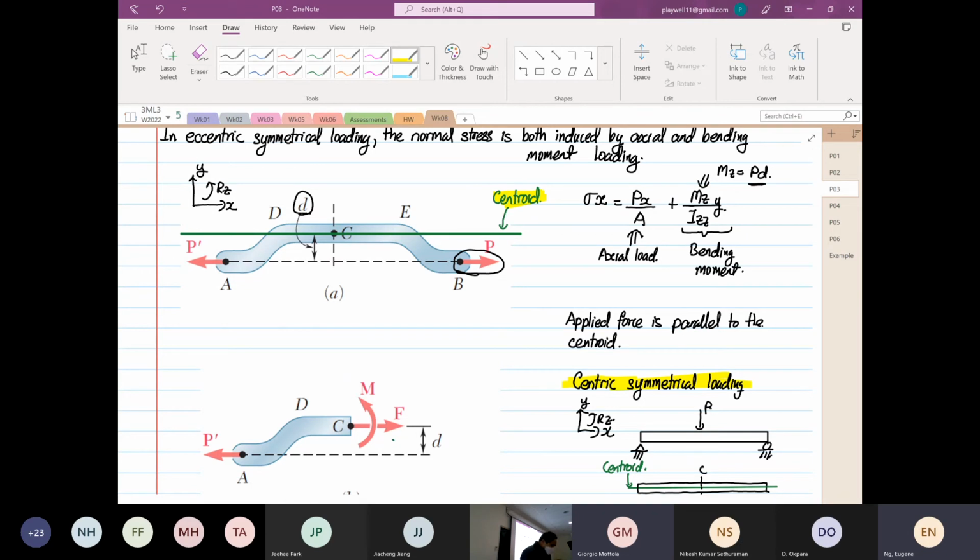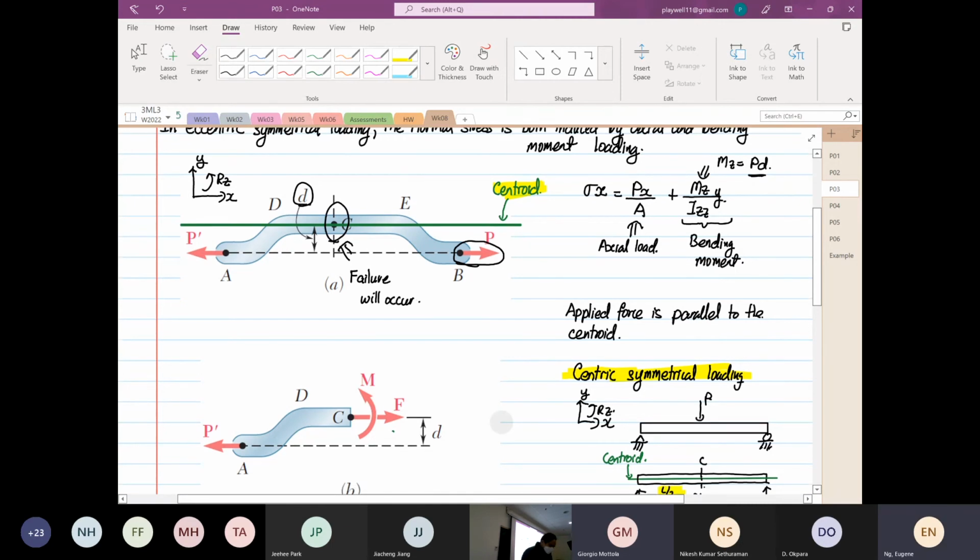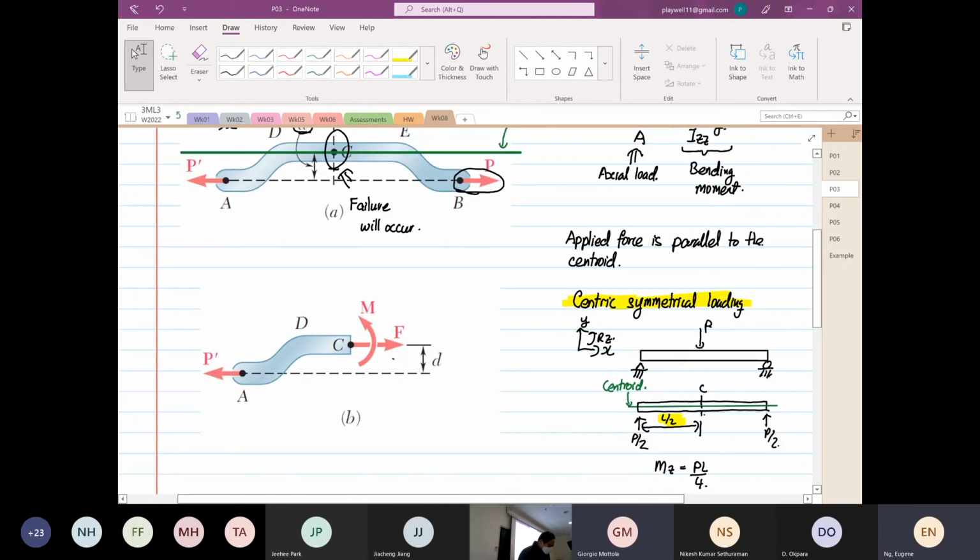Okay. Now, we are interested in C, this region over here, because this is where failure will occur. Okay. So when you see where the failure will occur, okay, what is happening at point C? Okay. So at point C, we know there is a moment. Point C is the point of interest.